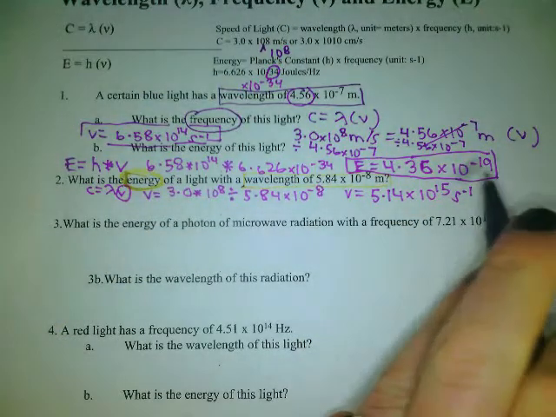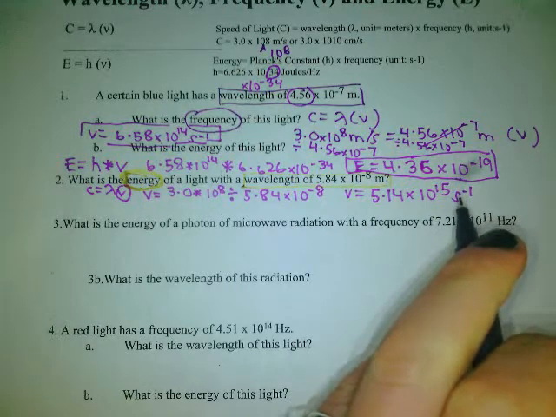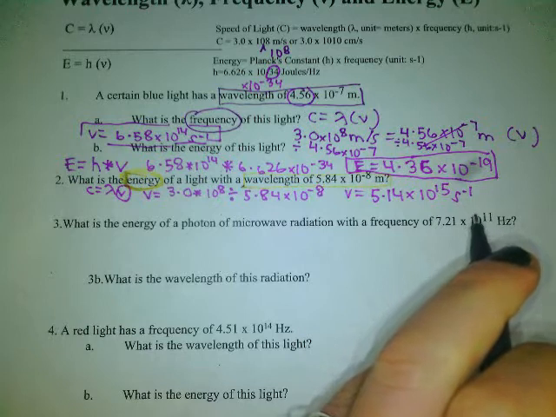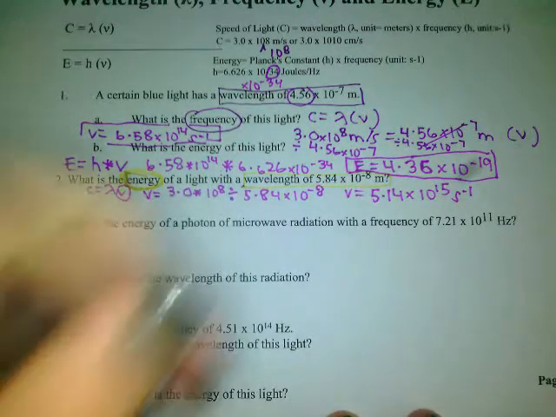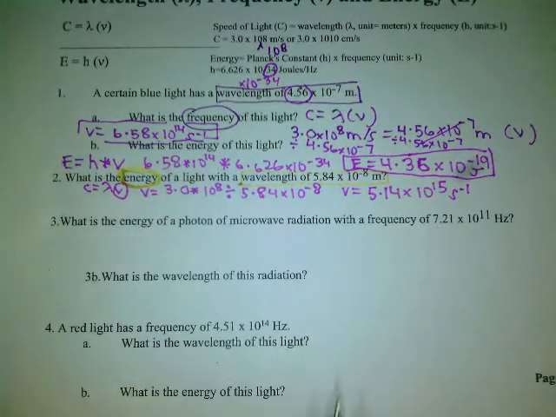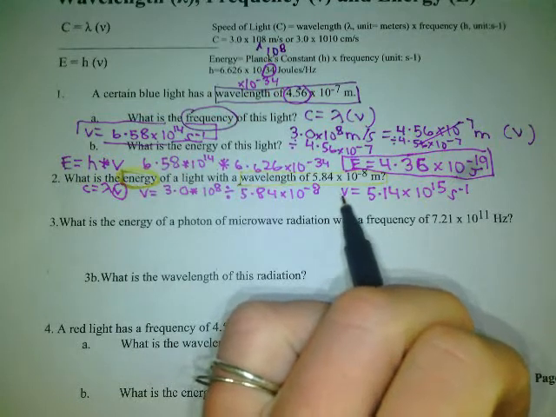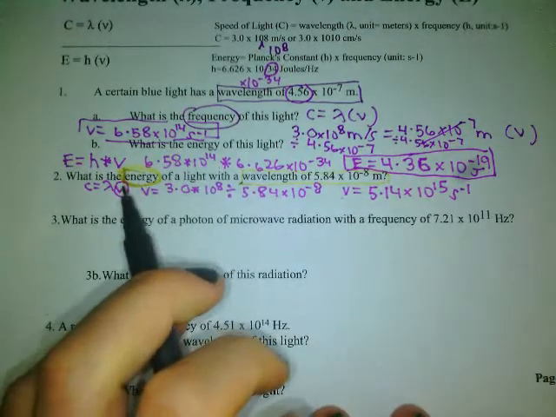Okay, so now I have my V, which means I can go back to my original question, which is energy. Because energy equals H times V. So we just solved for V. So I'm going to use my Planck's constant again, my H, which is up here.